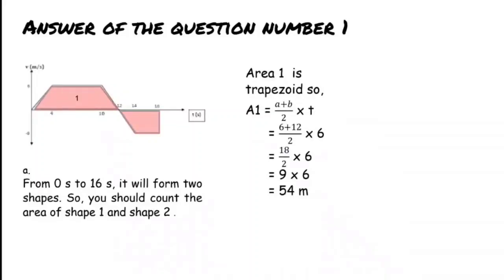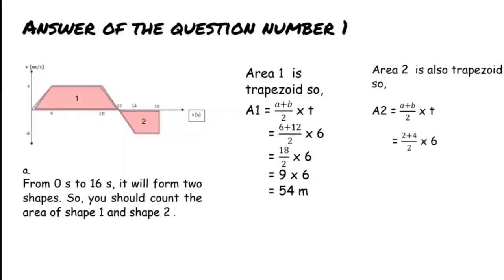And then area 2 or shape 2, it is also trapezoid. So write the same formula. A plus B over 2 times height equals 2 plus 4 over 2 times 6, equals 6 over 2 times 6. 6 over 2 is 3 times 6 equals 18 meters.